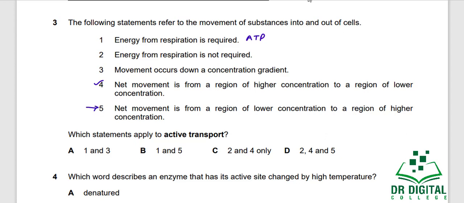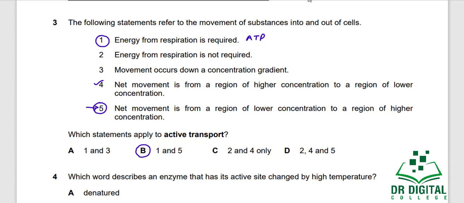Which statements apply to active transport? ATP energy is required, and net movement is from low to high concentration. This is true only for active transport. So the answer for question 3 is B.